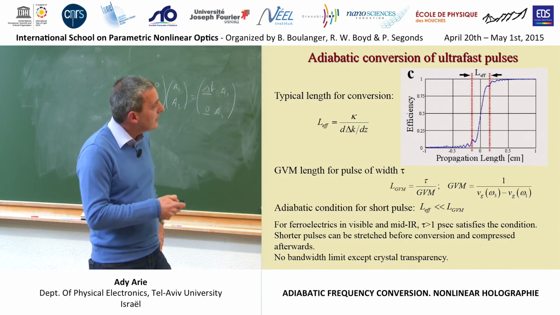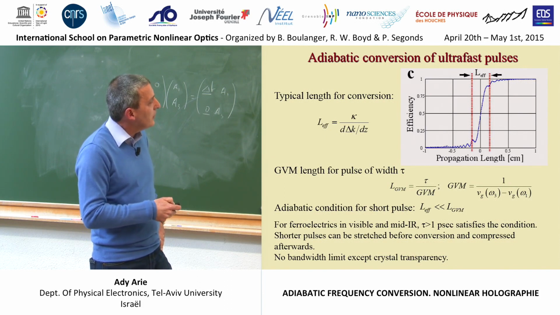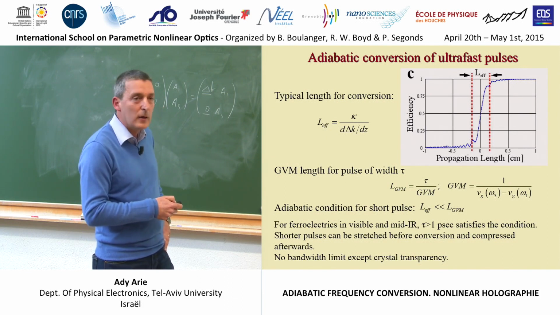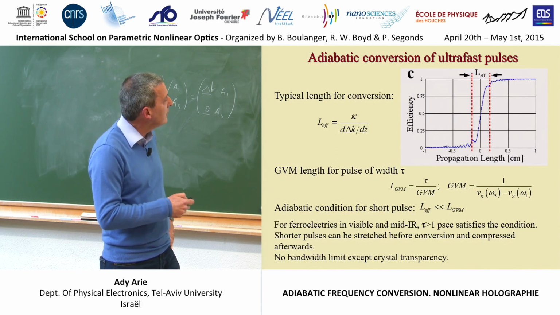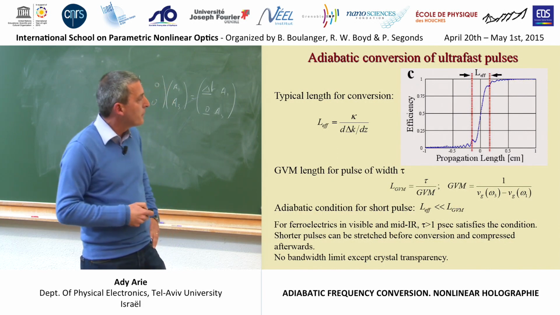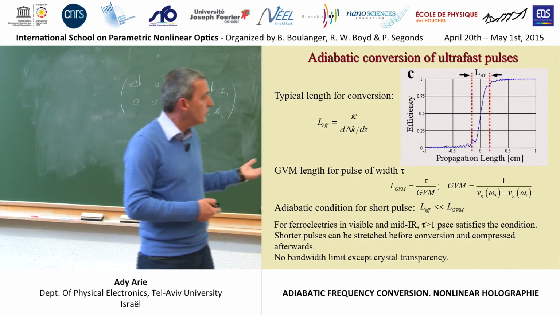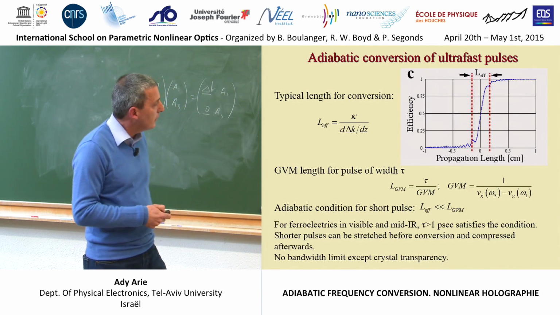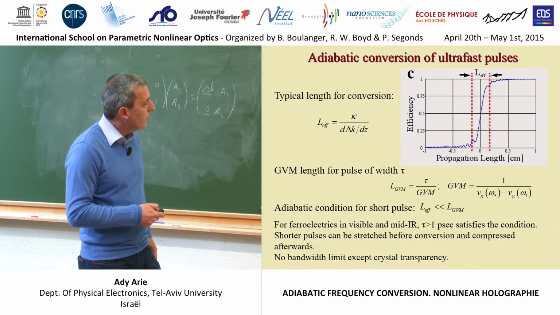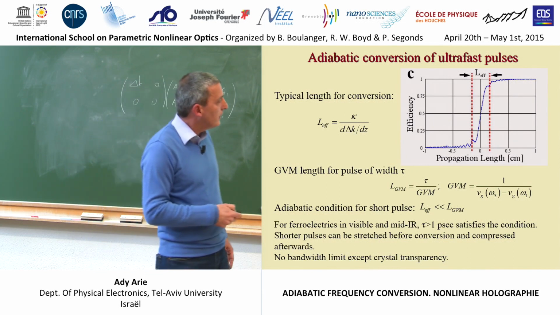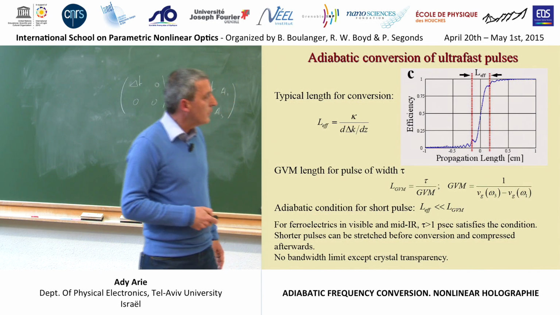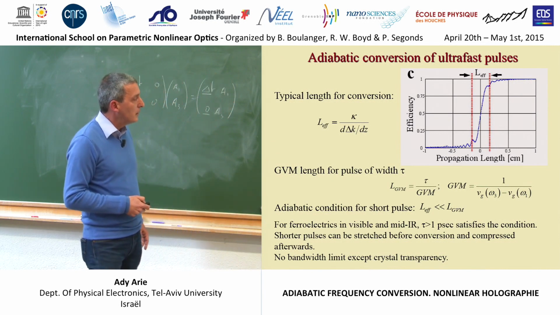So let's say this transition occurs over a relatively short part of the crystal, and this is the effective length. Now, if we have a short pulse, there is also an effective length for this pulse, which is the GVM length, which for a width of tau is tau divided by GVM, the group velocity mismatch.